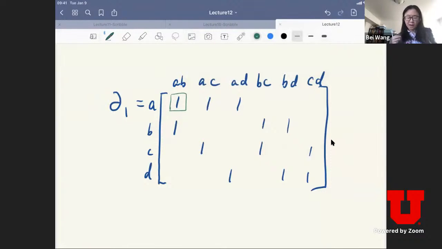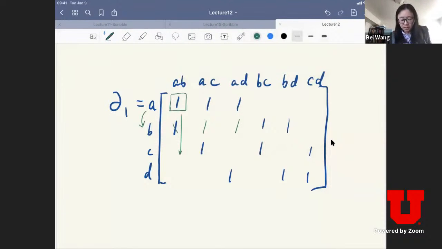In order to zero it out, I just need to add the first row to the second row. I'm using this arrow to say it's an addition operation, so now I'm just doing row operations, adding rows onto each other. So I'm adding the first row onto the second row. 1 plus 1, I cancel out, and then I carry 1 and 1 in there. That's what I did, so now I have zeroed out everything below this.